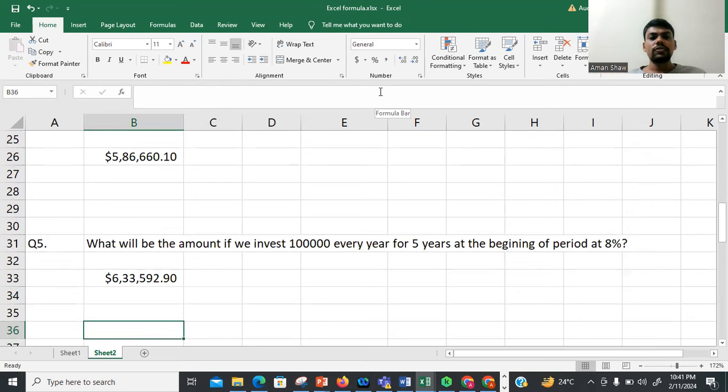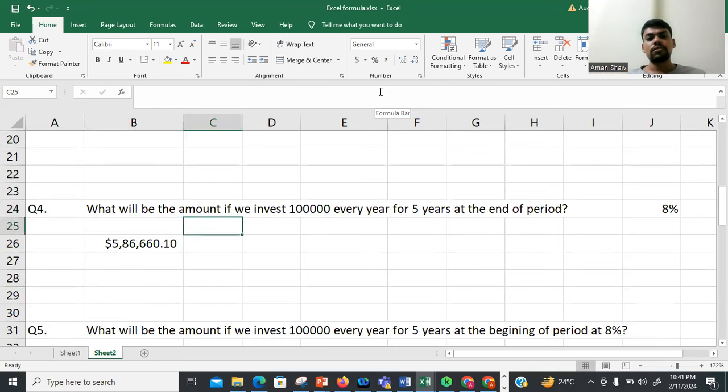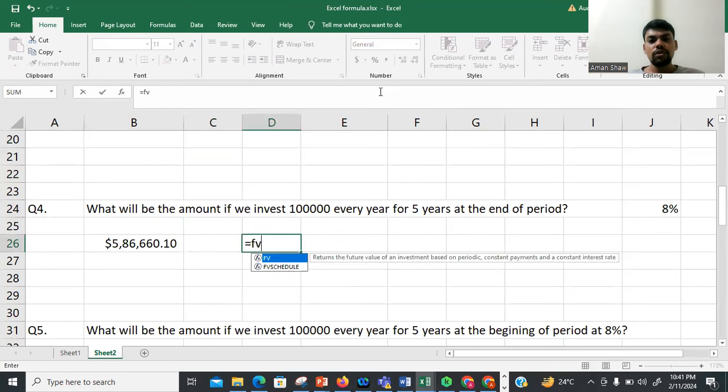Now let us move to the next question. So I hope you are now able to use the formula future value, present value. Even if it is 1 lakh per month you are investing for 5 years, suppose in this case, just telling you, instead of every year for 5 years, suppose it is every month. So in this case, future value, 8% divided by 12.